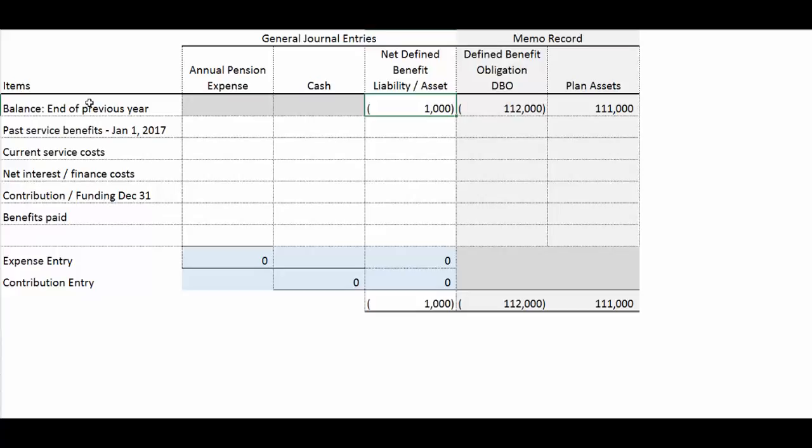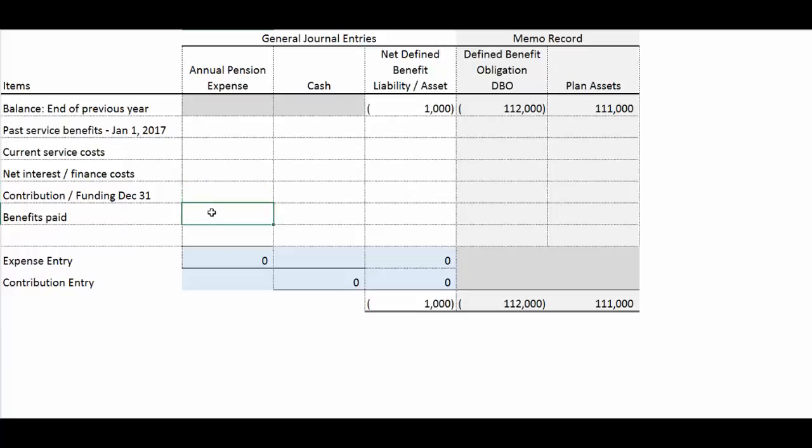I want you to remember as well that we used a few simplifying assumptions. We start with the current service costs. We're assuming they were credited to the defined benefit obligation at or near the year end. And we make the same assumption regarding the contributions to the fund and also to benefits paid to the retirees.